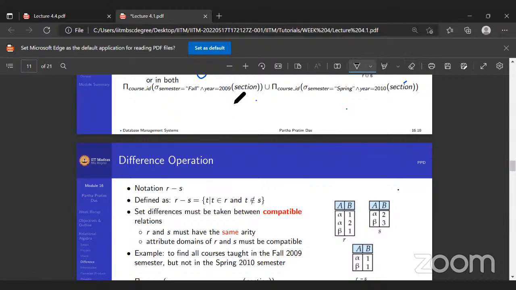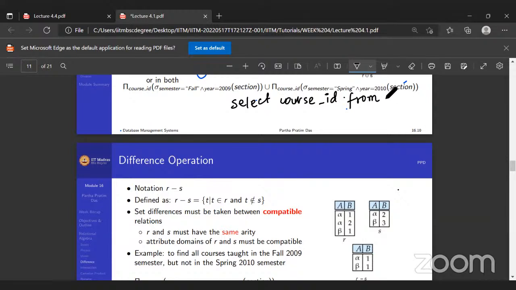Select the course ID. The table name is section.